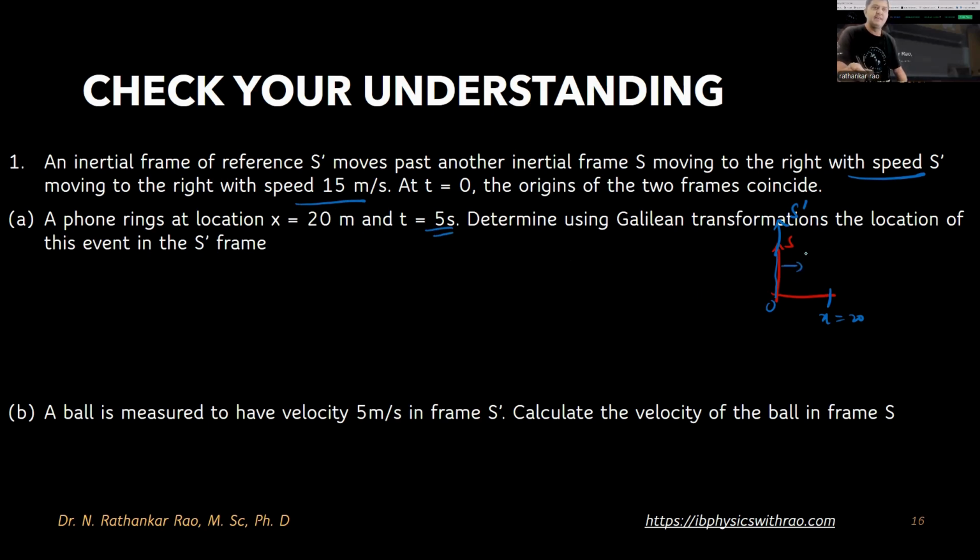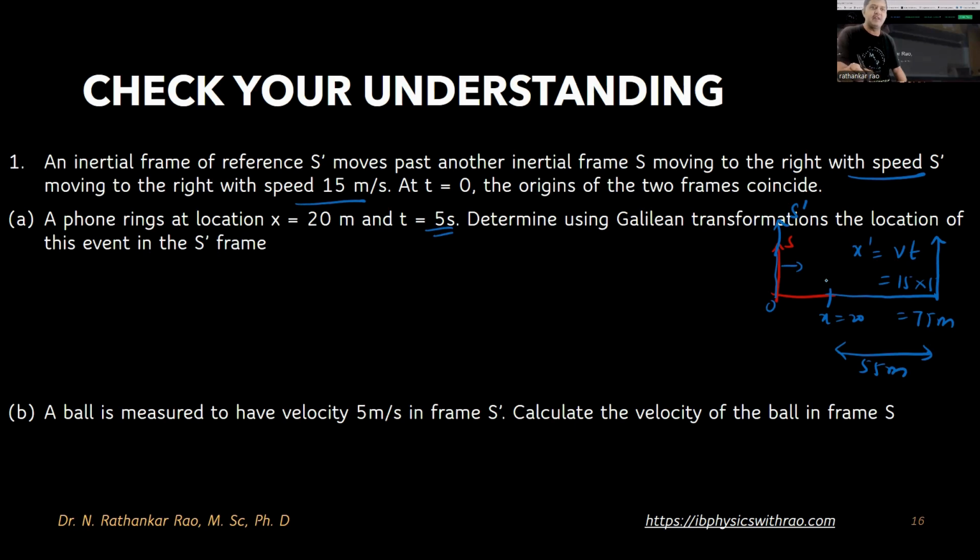After 5 seconds, the S dash origin will be at vt, which is 15 multiplied by 5, equal to 75 meters. Which means the phone is at 20 meters, but the frame would have been at this point, around 55 meters away from the phone. So what has been asked? Determine using Galilean transformations the location of this event.